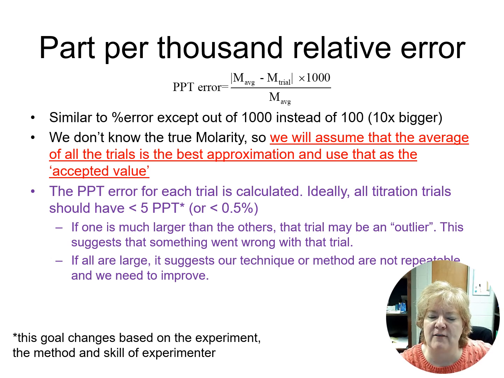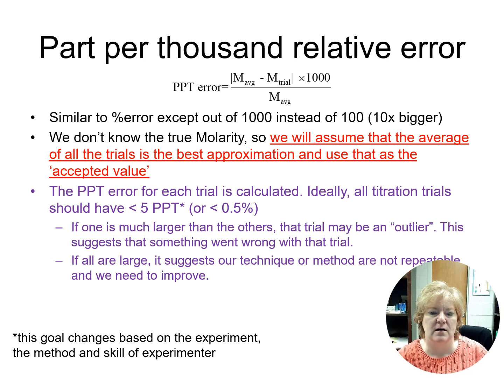So what is the average molarity, in this case, part A, the average NaOH molarity, minus the trial molarity. And then I multiply that by 1,000 rather than 100 like we normally do. And I'm dividing it by the average value. So this is, like I said, kind of like a relative standard deviation. In titration, I'm trying to get some very accurate answers.